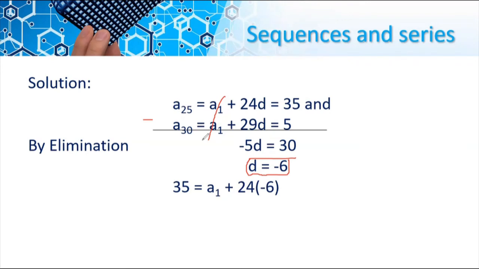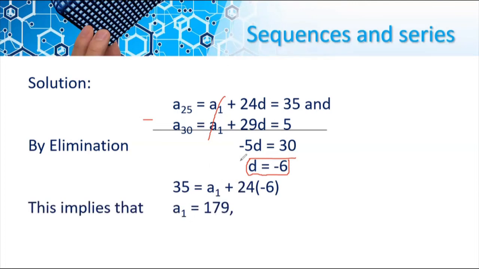Ang 25th term natin ay first term plus 24 times common difference, negative 6, which is equal to 35. Kapag ginamit natin yung equation na yan, makukuha natin yung first term. Diba? So, magiging first term natin ay 179.